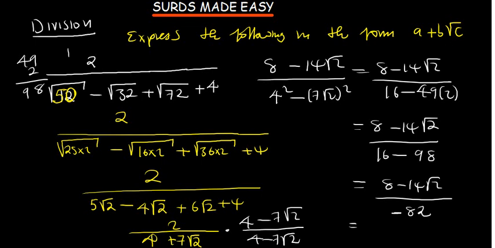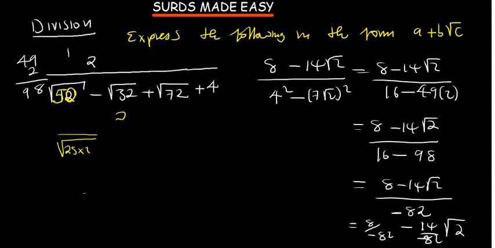So this is going to be 8 divided by negative 82 minus 14 over negative 82, and then we've got a square root of 2. So from here, look for a number that can go into 8 and 82. What number is that?